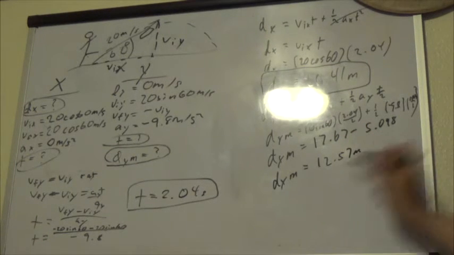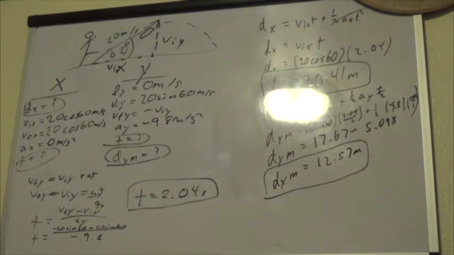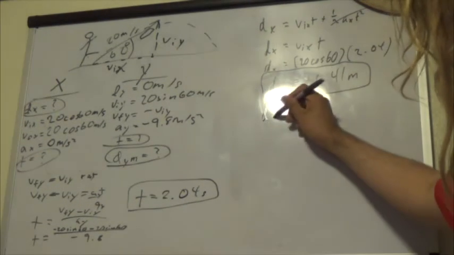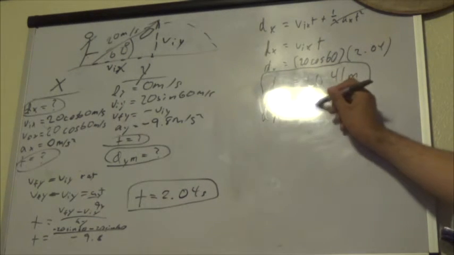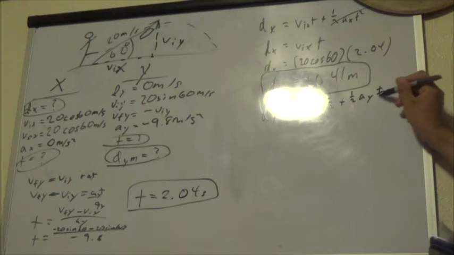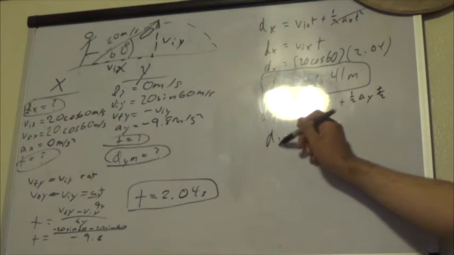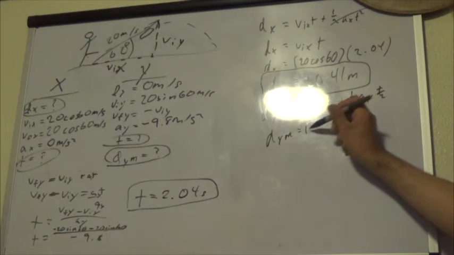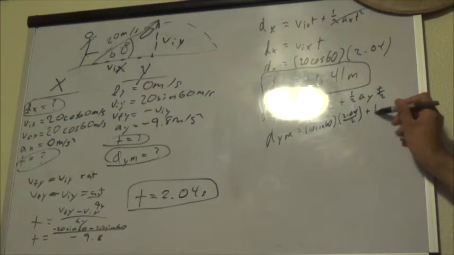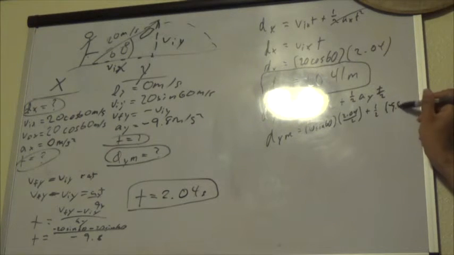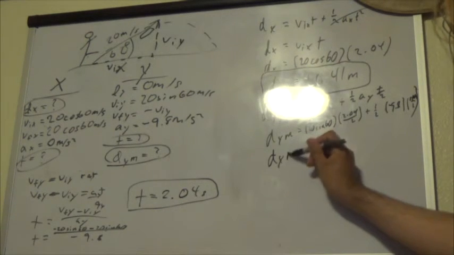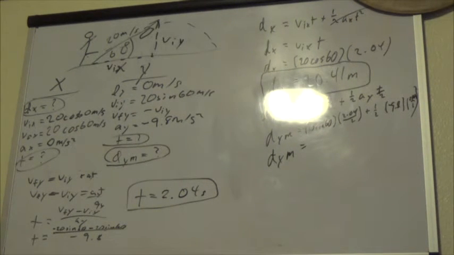Now that we solved for those two, we're going to be solving for how high the ball makes it off the ground, the maximum height. Now, this is going to be slightly different from what we've done before, since by looking at our picture, we can see that it's like a parabola, and the highest point is right in the middle. So we're going to use the same type of equations that we've been using, and we're going to solve for the dy, but we're only going to use half of t.